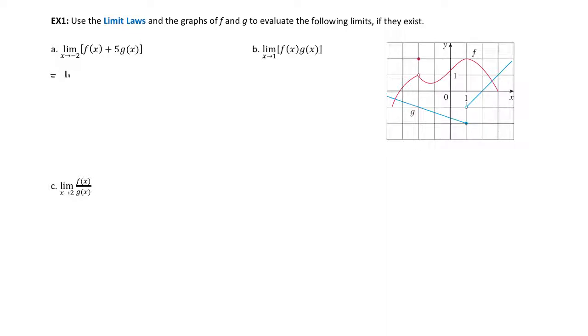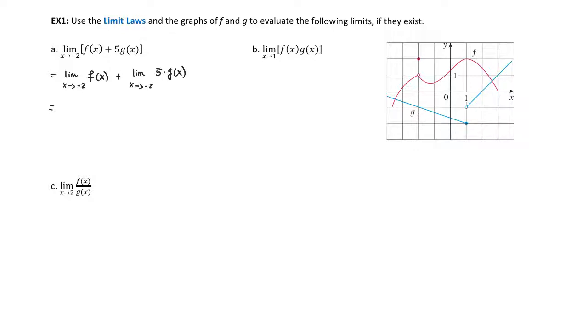So we would have the limit as x approaches -2 of f(x) plus the limit as x approaches -2 of 5 times g(x). Again, I'm going to follow formality. I want to make sure that I don't commit an illegal step. All of the properties that we have developed, everything in the toolbox that I just showed you in the previous slide, are valid, legal tools that we can use, and I'm going to stick to those tools.